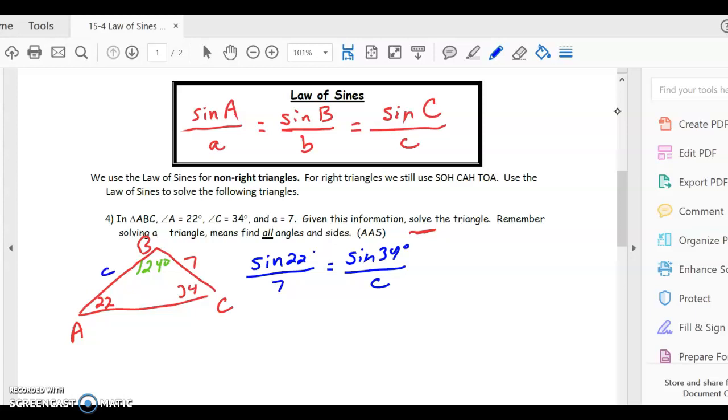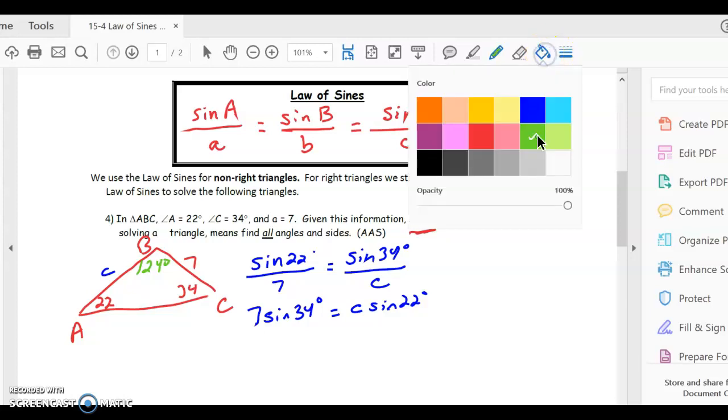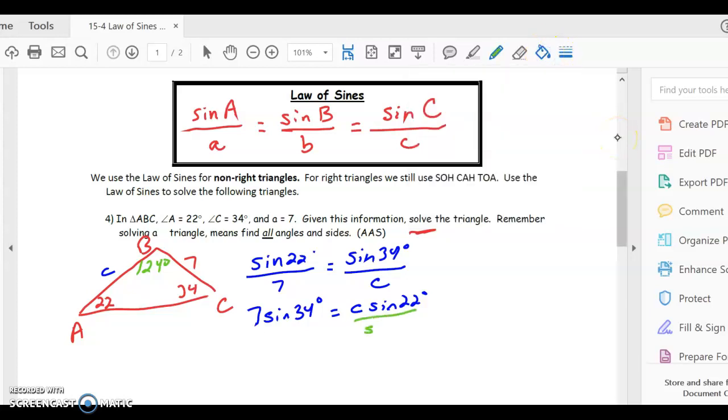Remember, little c would be the side opposite angle C. So to solve this, we can cross multiply. And then we would divide by the sine of 22. So we're going to get c to come out to be about 10.4.